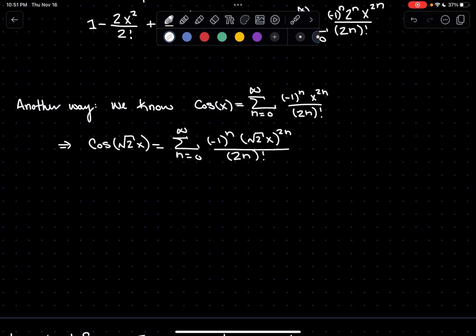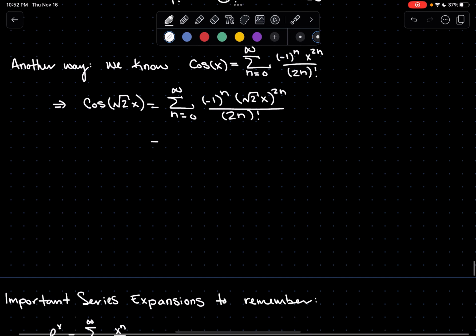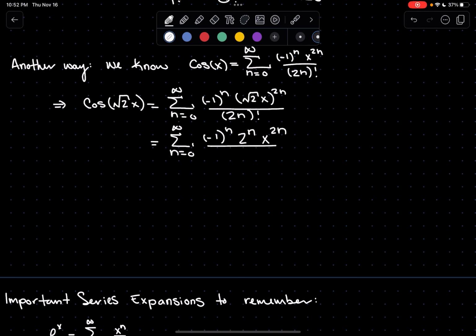This 2n goes to each of these, so I get the sum from n equals 0 to infinity, negative 1 to the n. Square root of 2 to the 2n is just 2 to the n, right? The 2 and the square root cancel out, so 2 to the n. X to the 2n, that one stays, over 2n factorial.